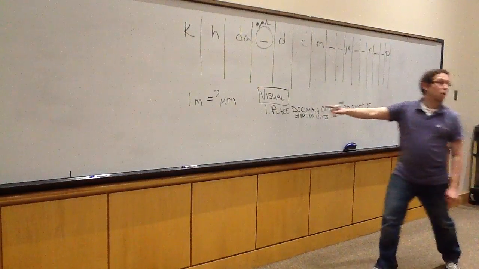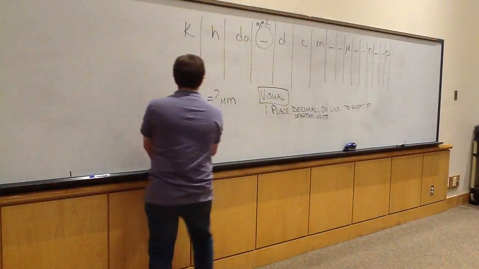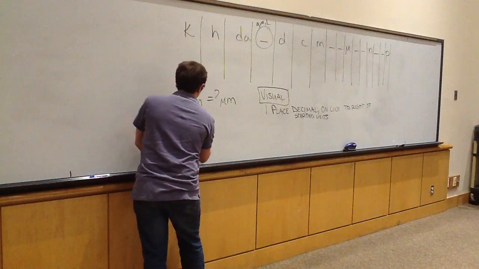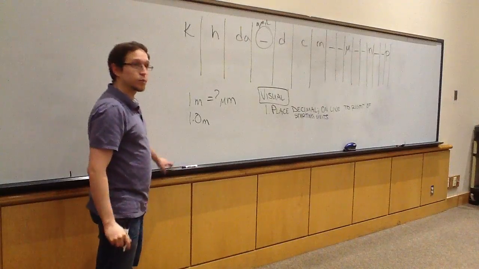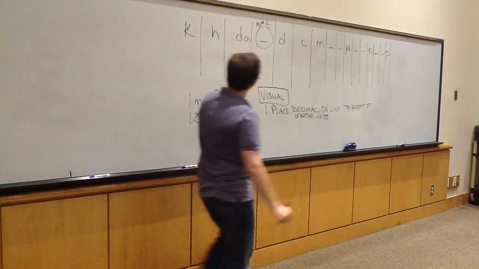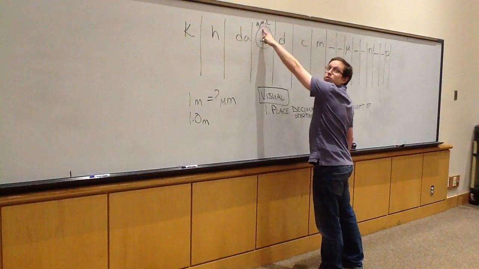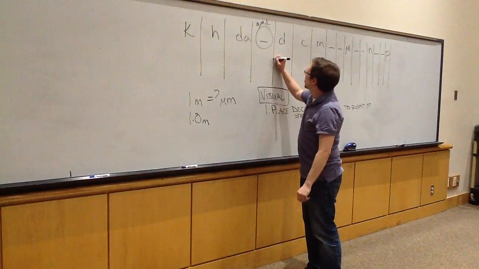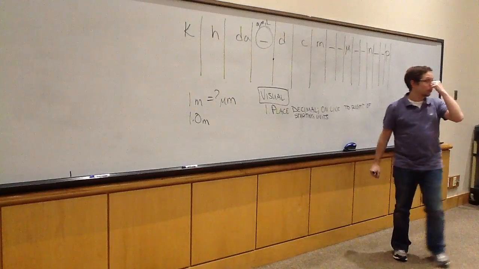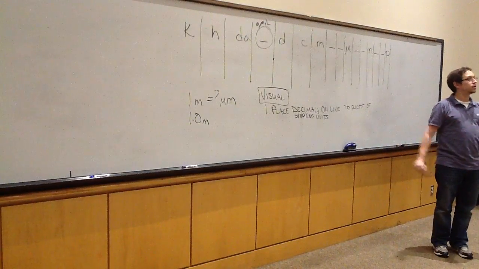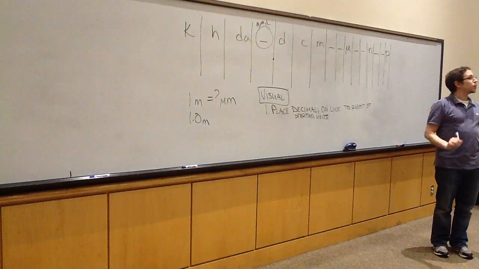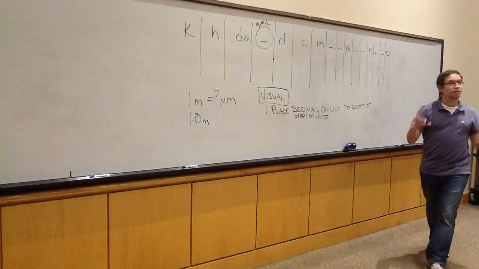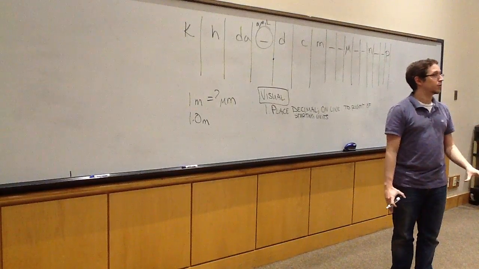Okay? So 1 meter, that's actually the same as 1.0 meters. So what I'm going to do is I'm going to take this decimal, I'm going to find meters, and I'm going to place it right here. Now, a quick word to the wise. There are 2 places in the visual technique where students get really confused in regards to just the placement of the decimal.